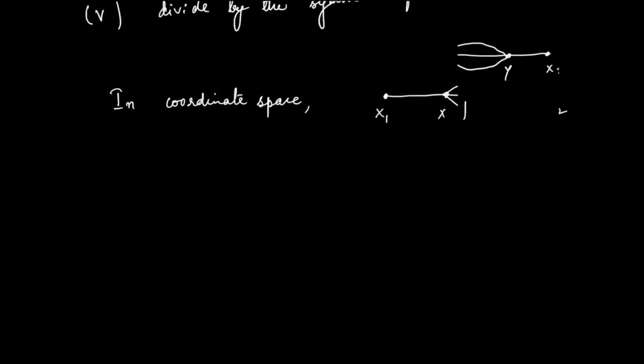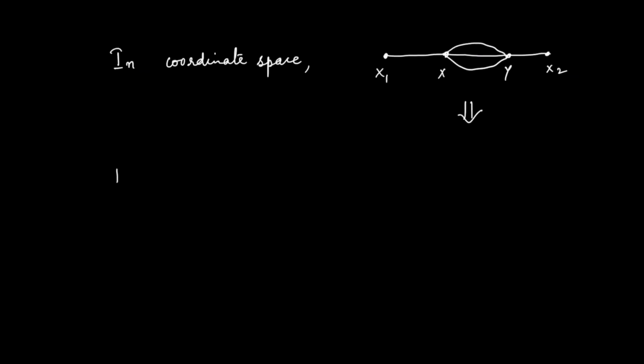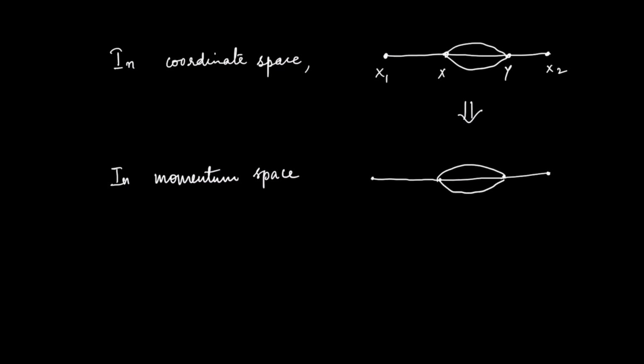Now the same diagram in momentum space will be, right, P1, P2, K1, K2, K3.